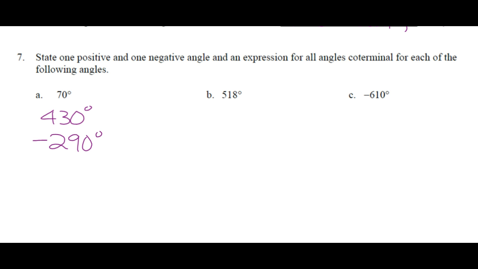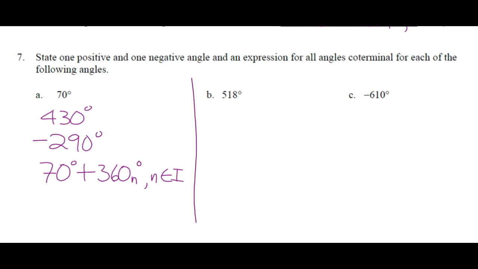What are all the angles? Okay, you cannot forget the n belongs to the integers. But I already wrote it in part A, it doesn't matter. You've got to write it in part B and part C. You don't get to leave it off. It's not your choice to say, yeah, but, you know.